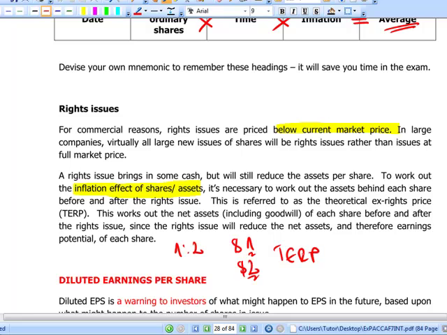In order to calculate this, in order to adjust the number of shares in issue, we have to look at the net assets for each share before and after the rights issue, and therefore it will reflect the potential earnings of each share at the year end. So if you want, it's a combination basically of shares given for free and shares bought at full price.